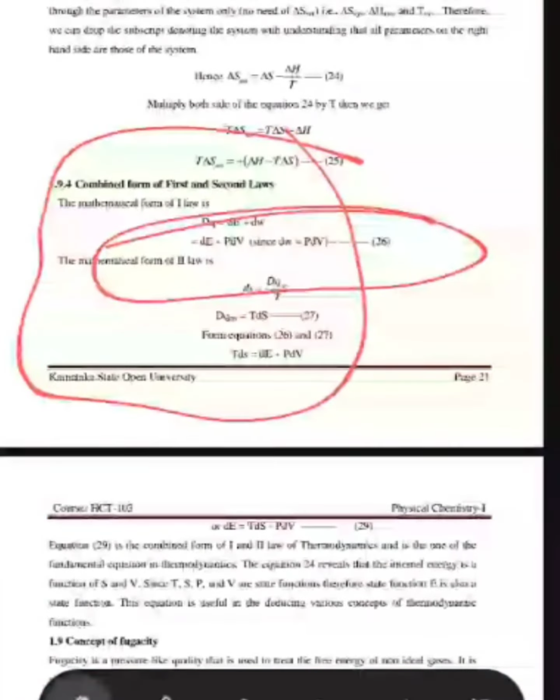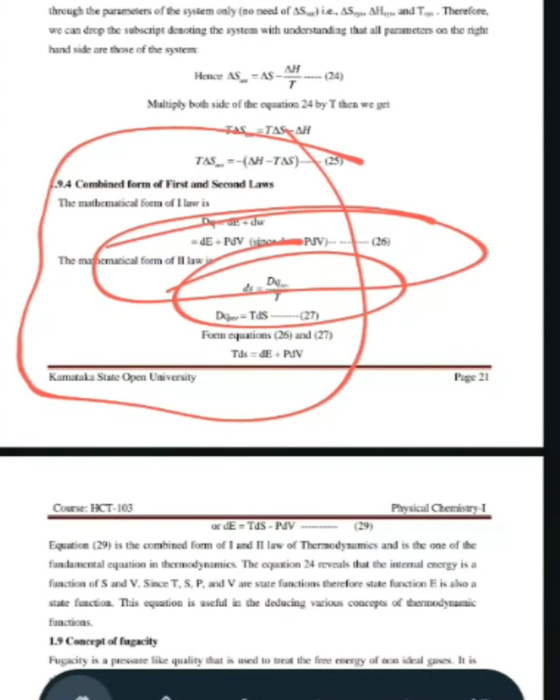From the mathematical second law, delta S is equal to delta Q reversible by T, the amount of heat absorbed.